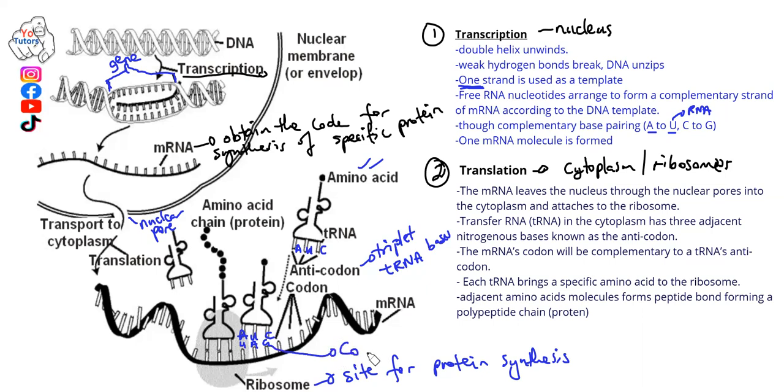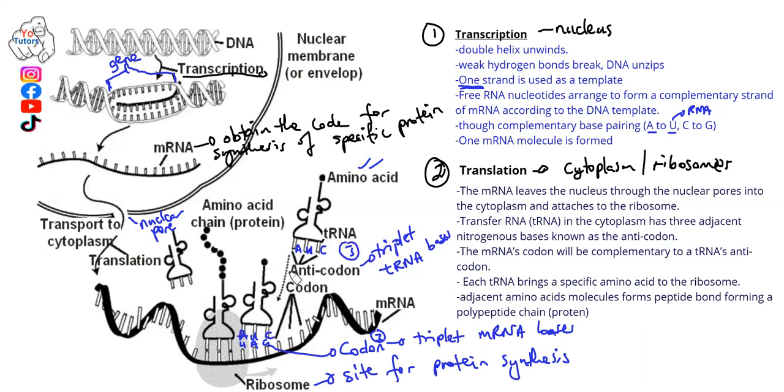What is a codon? Codons are the triplet messenger RNA bases. One codon consists of 3 bases, and one anticodon also consists of 3 bases. That's why we're saying triplet.